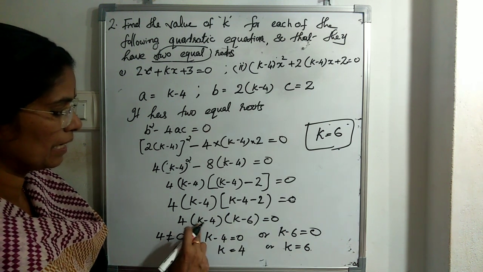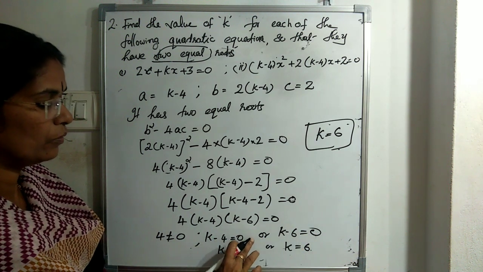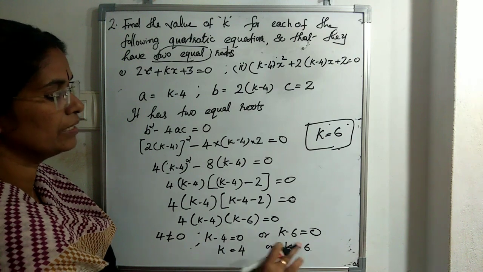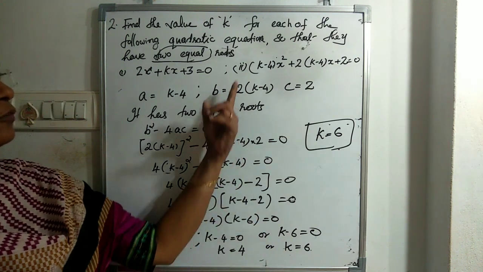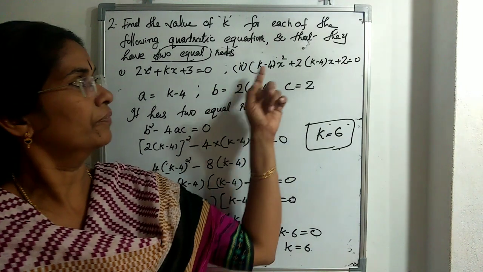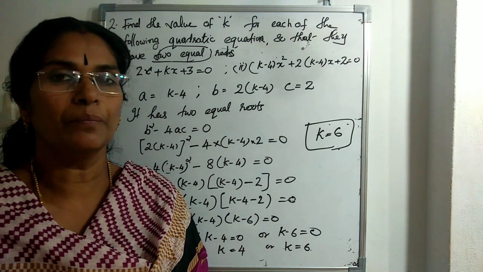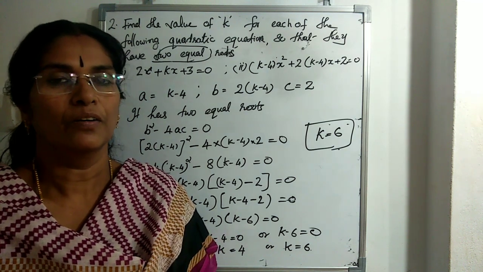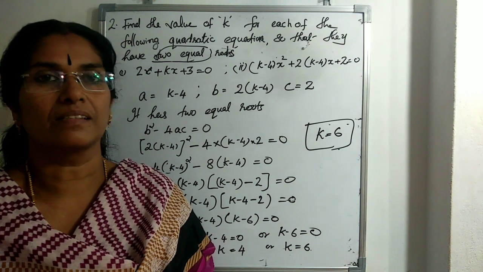Then the next one is k minus 4 equal to 0 or k minus 6 equal to 0. k minus 4 equal to 0 means k equal to 4, or k is equal to 6. Okay, so which value is suitable we are checking from this equation. So that value only we are considering. Here it is suitable, k is equal to 6. Okay, so the value of k in this quadratic equation is 6.